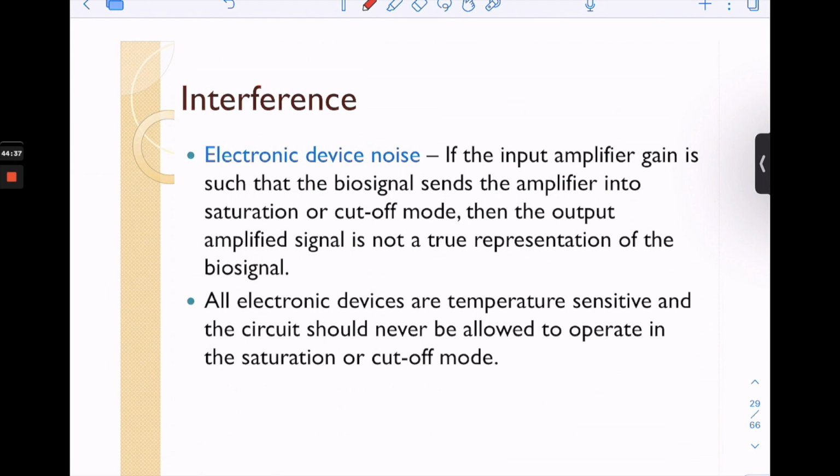Otherwise, when we measure our signals, the signals do not represent a true signal from the biosignal. Remember that the basic requirement of a bioamplifier is that it must not change the nature of the biosignals.